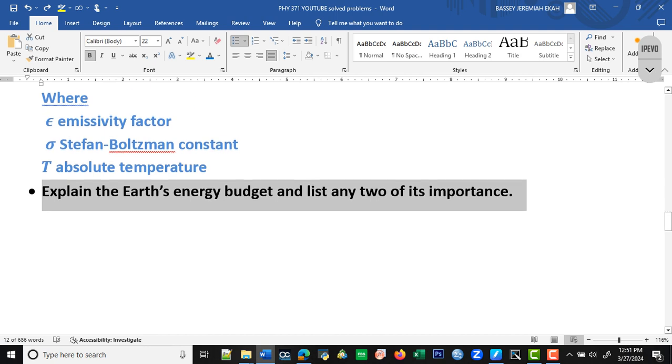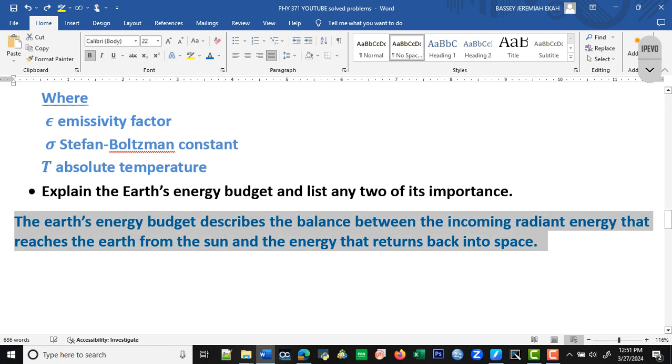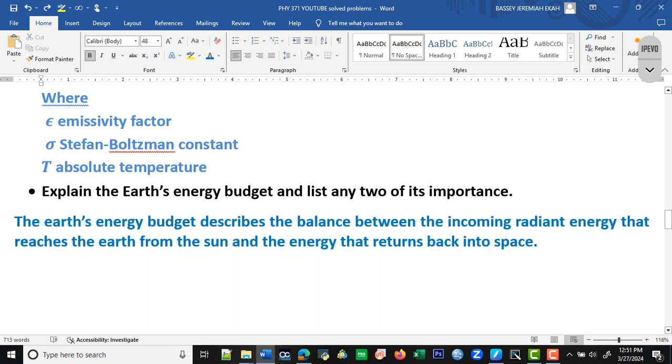The next question says, explain the Earth energy budget and list any two of its importance. The energy budget describes the balance between the incoming radiant energy that reaches the Earth from the Sun and the energy that returns back into space.